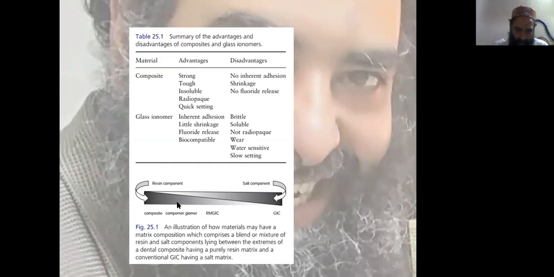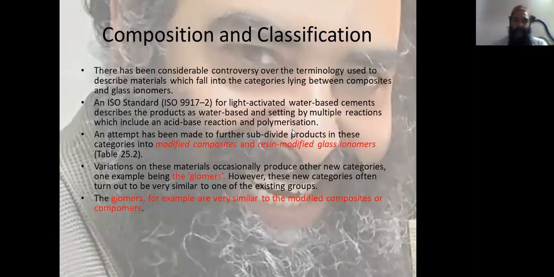Now you can see the continuum, that this is the resin component and this is the salt component. That is pure composite, compomer, giomer, resin modified glass ionomer cement, and pure glass ionomer cement. Now, composition and classification.